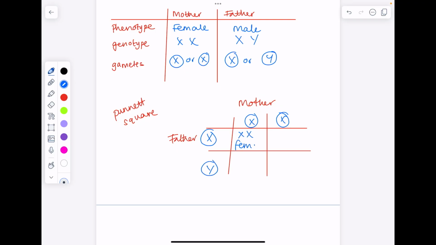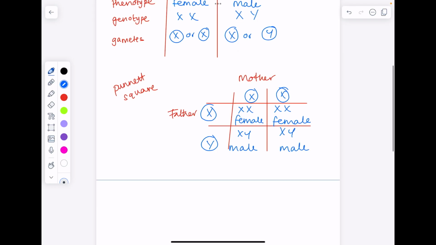So this baby here will be female, this baby here will be female, this baby here will be male, this baby here will be male, hence why there is a 50-50 chance of having a girl versus a boy.